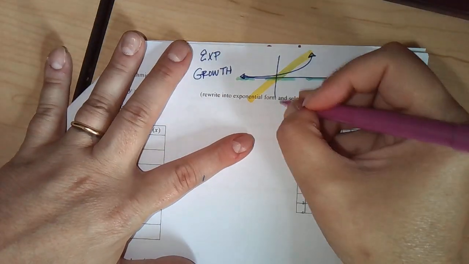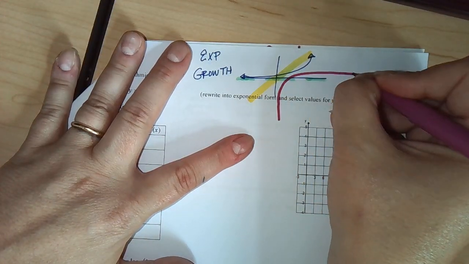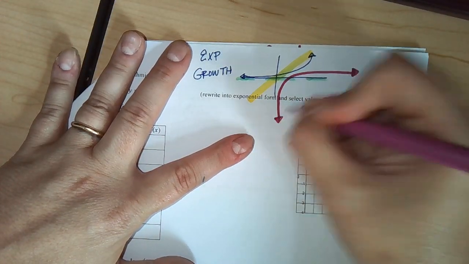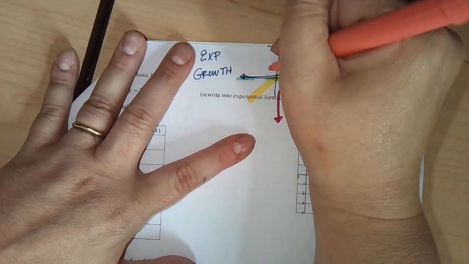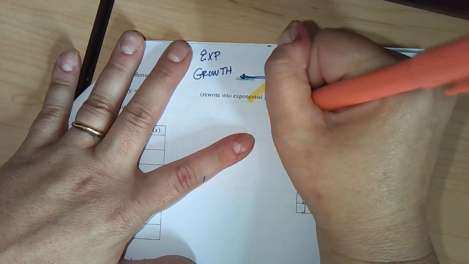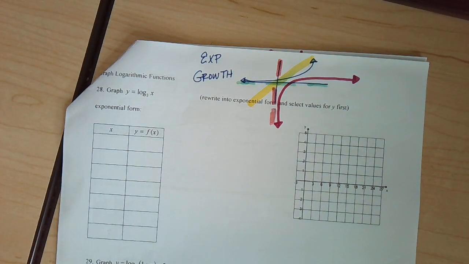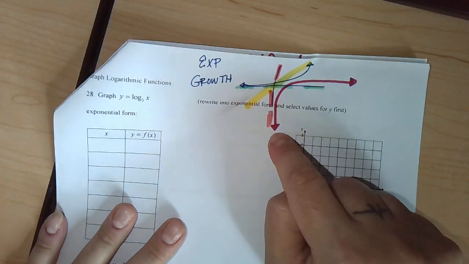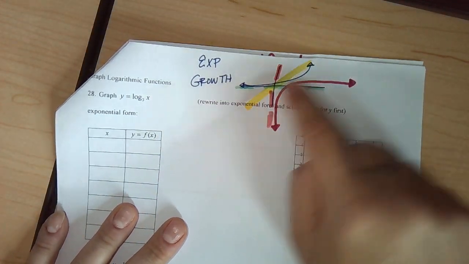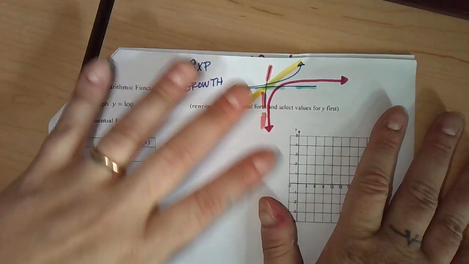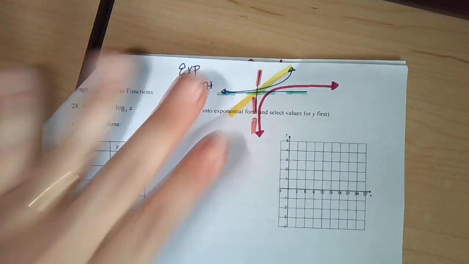And the inverse actually turns out like that, with its new asymptote being up and down. So logarithms and exponentials, their curves look the same. They're just flopped over that crooked y equals x line. And their asymptotes are different.